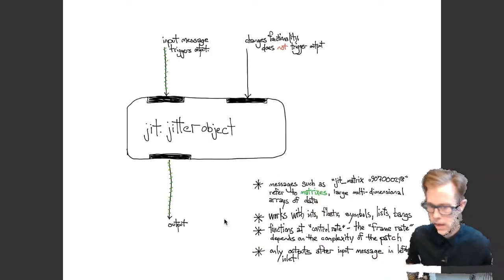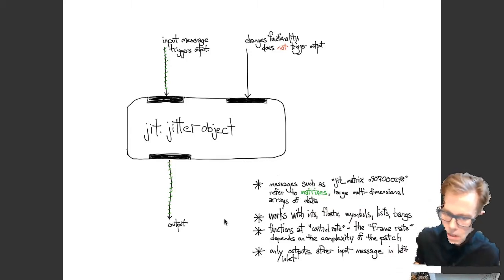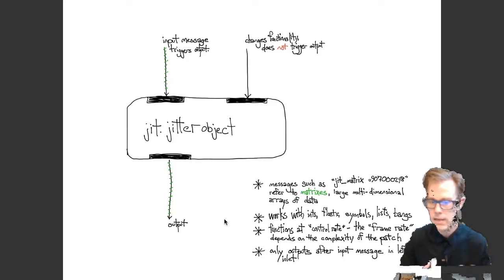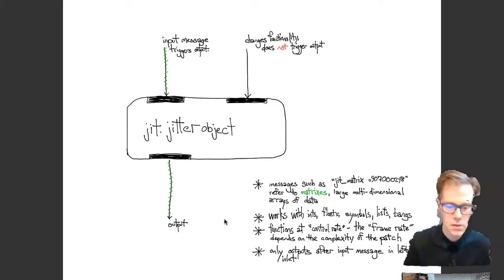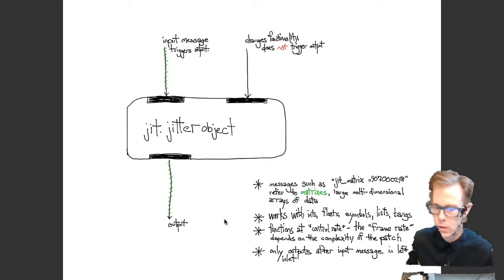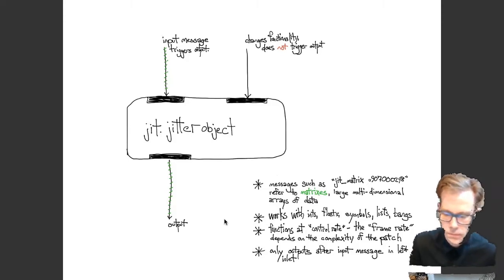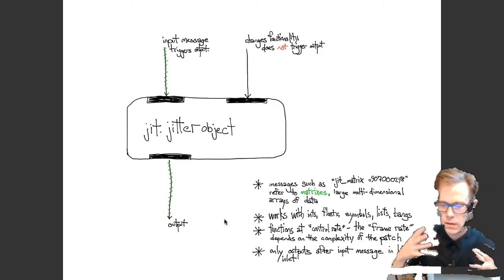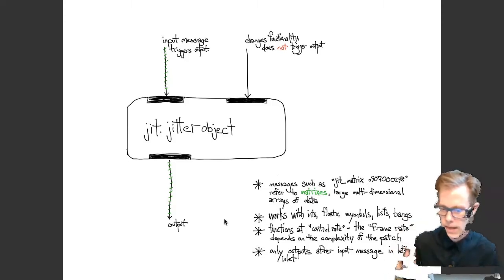The third class of objects that we will be working with are Jitter objects. These were introduced in the early 2000s when personal computers got yet more powerful and could begin to do meaningful work on real-time video signals. So the special type of data that you can send and receive from Jitter objects are matrices.